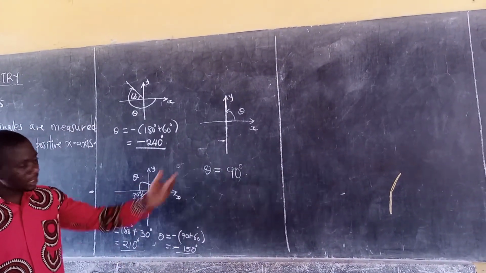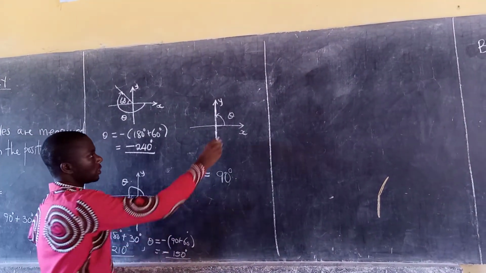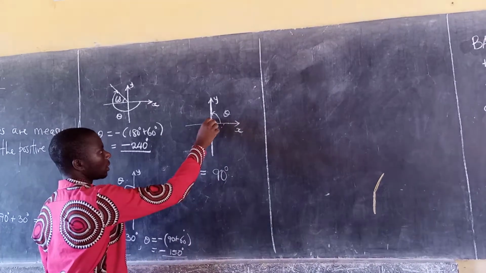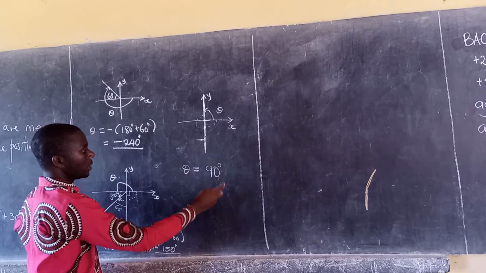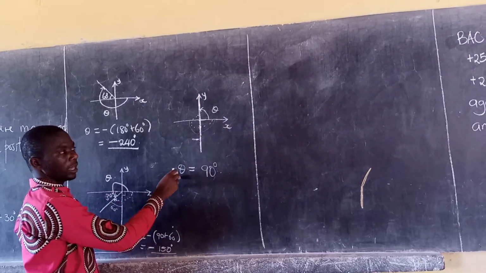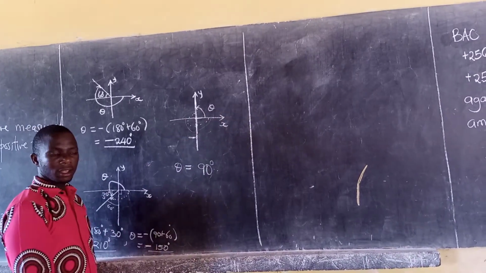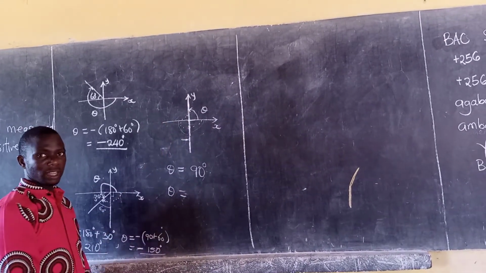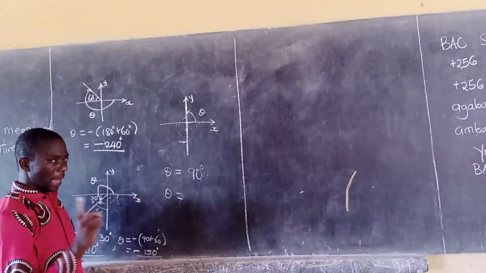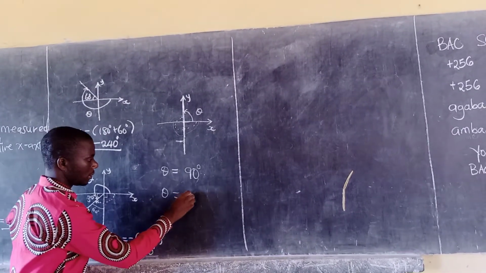However, somebody is at liberty to use this other direction. So how do you move? This is 90 plus 90, 180 plus 90, which is 270 degrees, but negative.